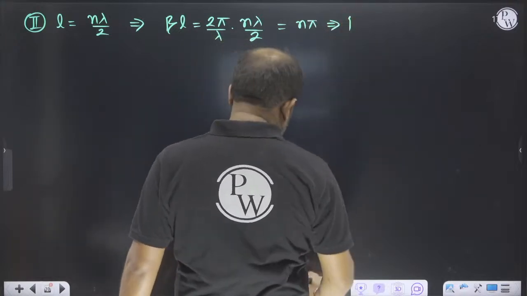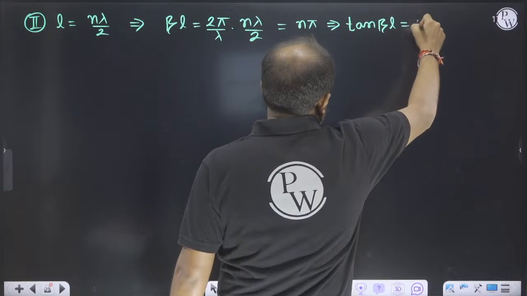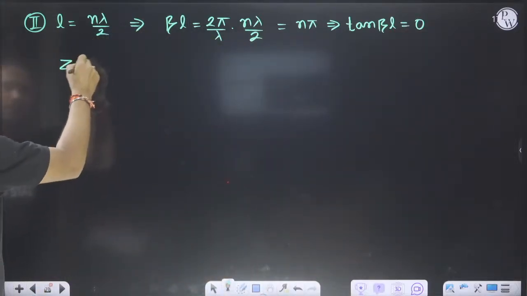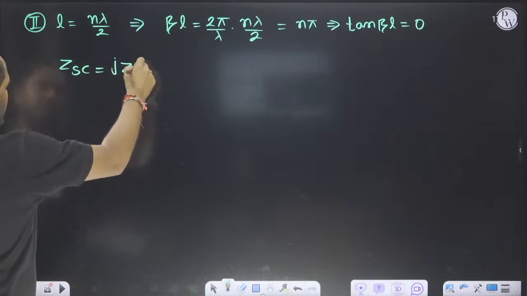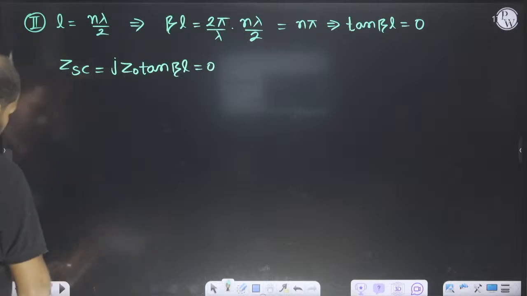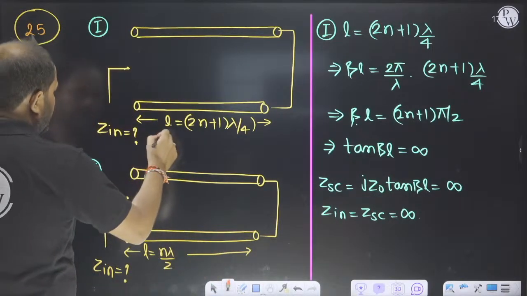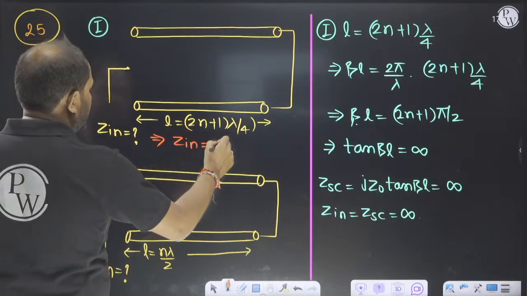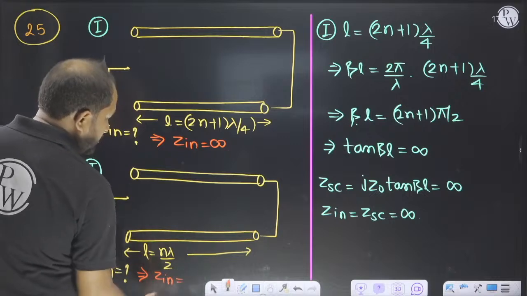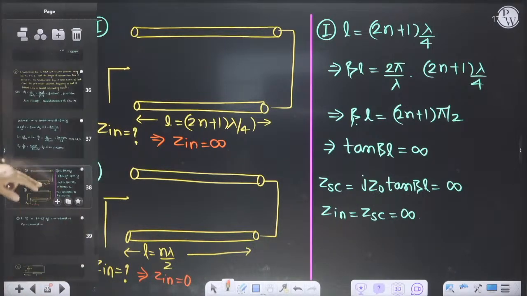That means tan beta L will be equal to 0, because tan n pi is equal to 0. So ZSC in this case is equal to JZ naught tan beta L, and it will be equal to 0. So our answer will be, for first one Zn is equal to infinite, and for second one Zn is equal to 0.